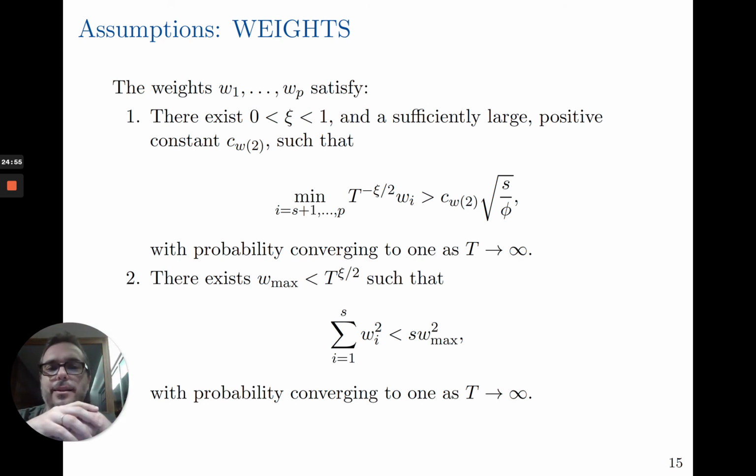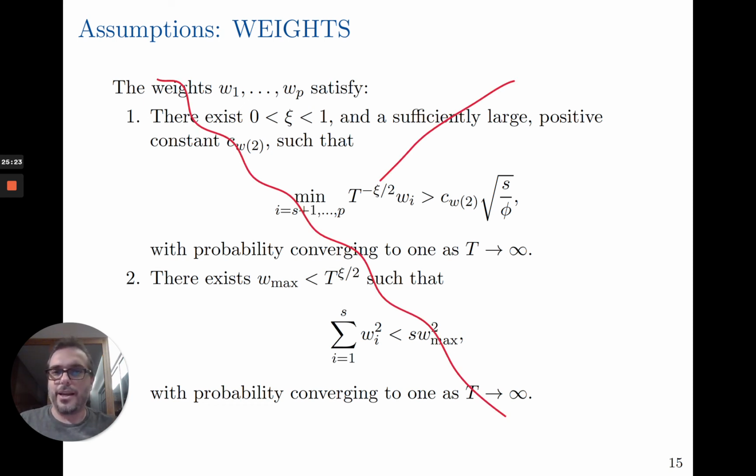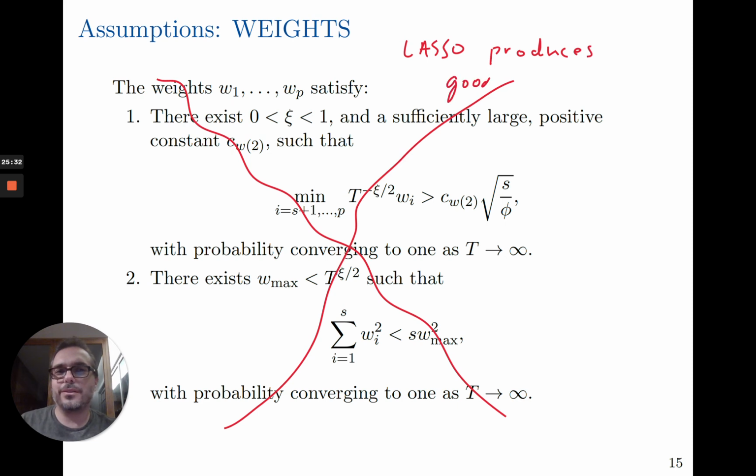Lots of things here, lots of numbers, but the message is you need to select weights that penalize irrelevant variables the most and penalize the relevant variables the least, which is pretty obvious, but this is all written in terms of the parameters of the model, so you may forget about that and say Lasso produces good weights in the first step.